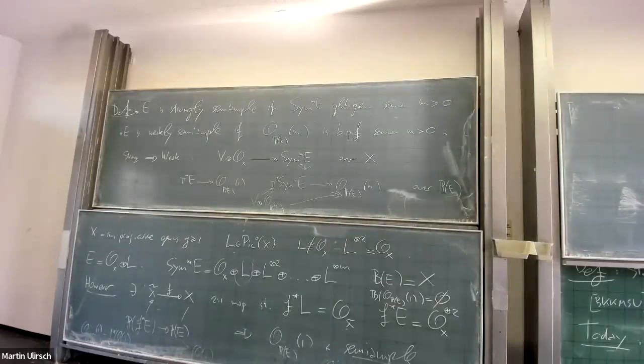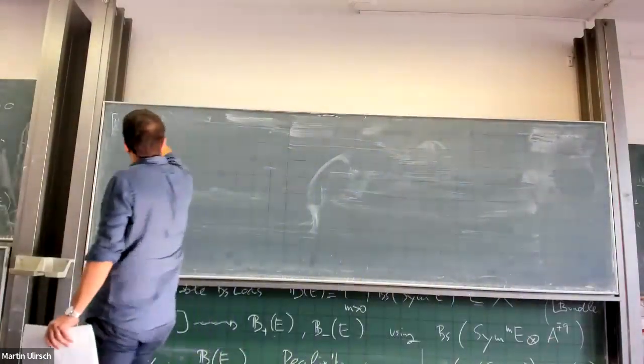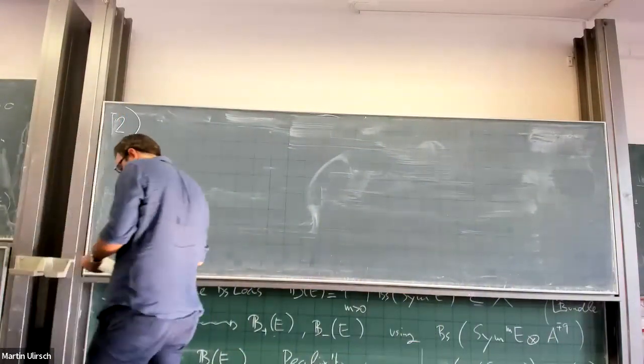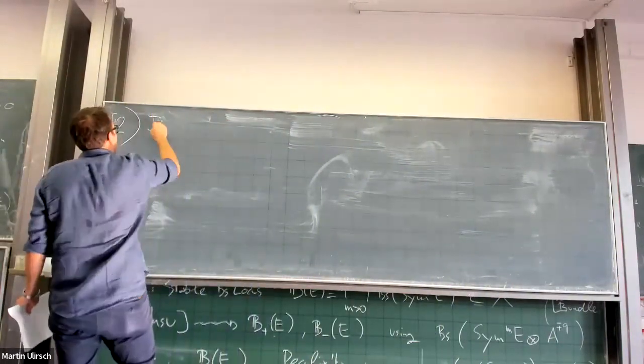Okay, so we were talking about evaluation maps, and therefore the second part: Iitaka fibration.